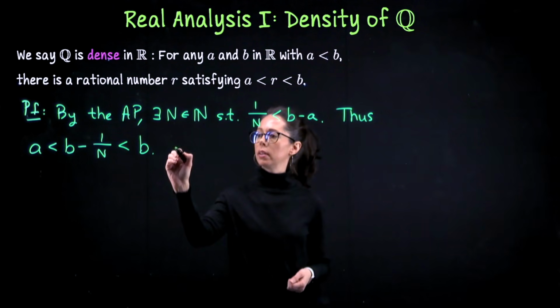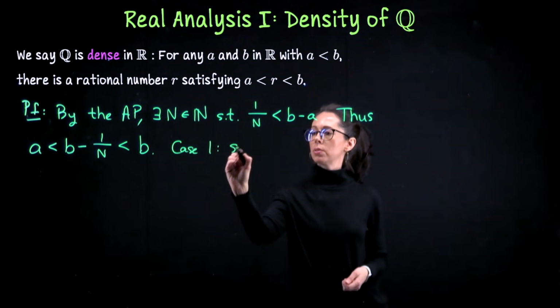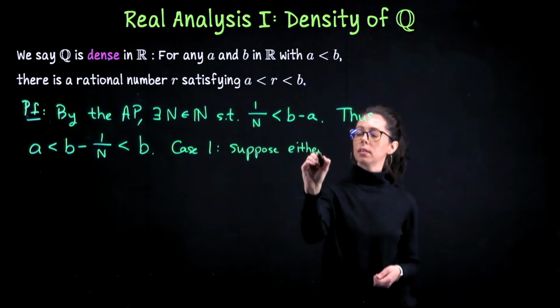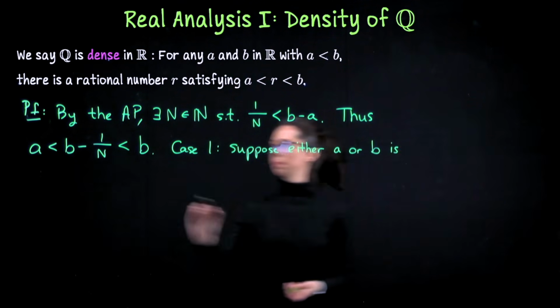All right, so case one. Suppose either a or b, maybe both, is rational.